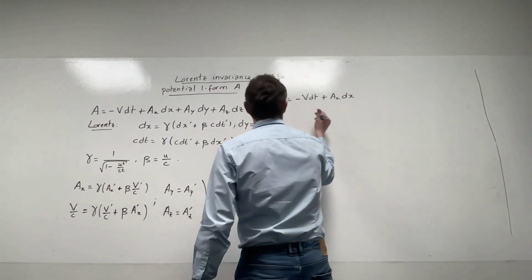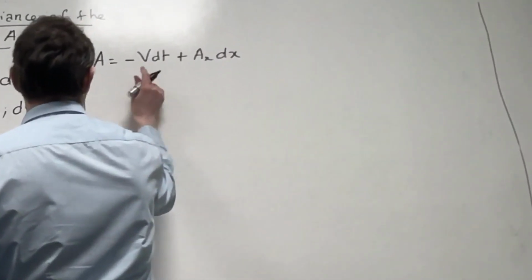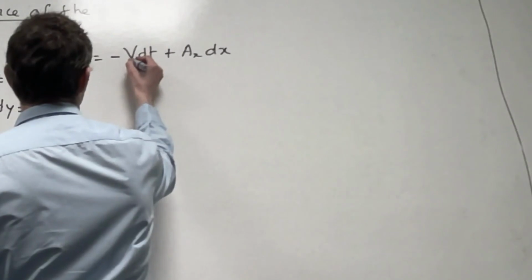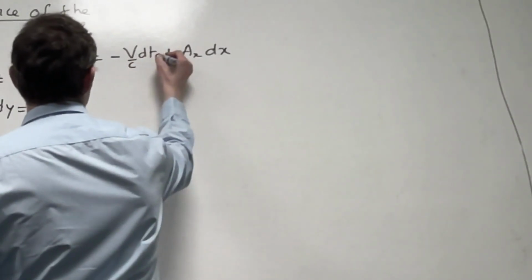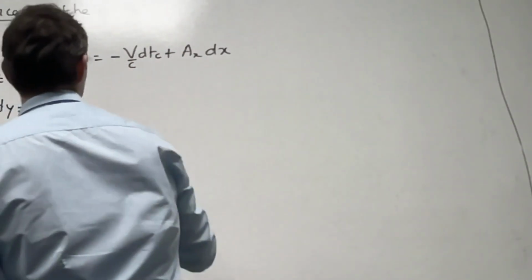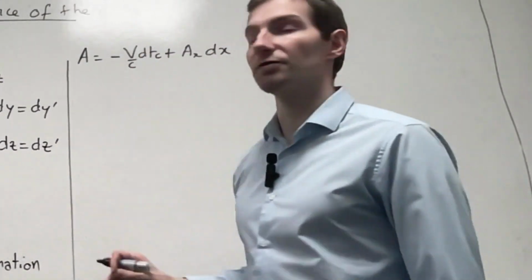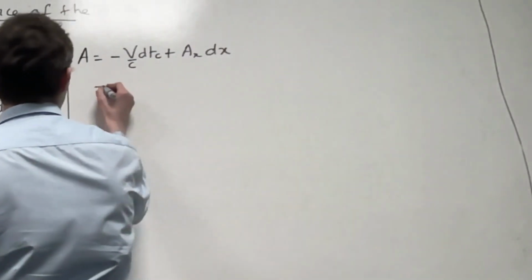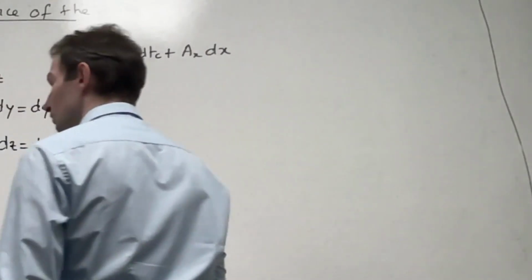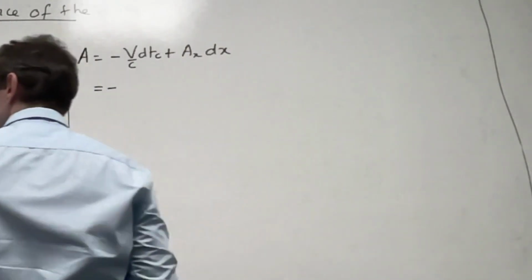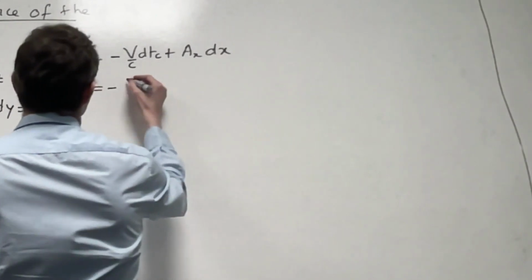So now what we do is simply, I'm going to put a 1 over c here and a c there for c dt, so that I'm in line with the expressions I'm going to find here. And then we can move on with applying the transformation rules. So here we've got gamma.